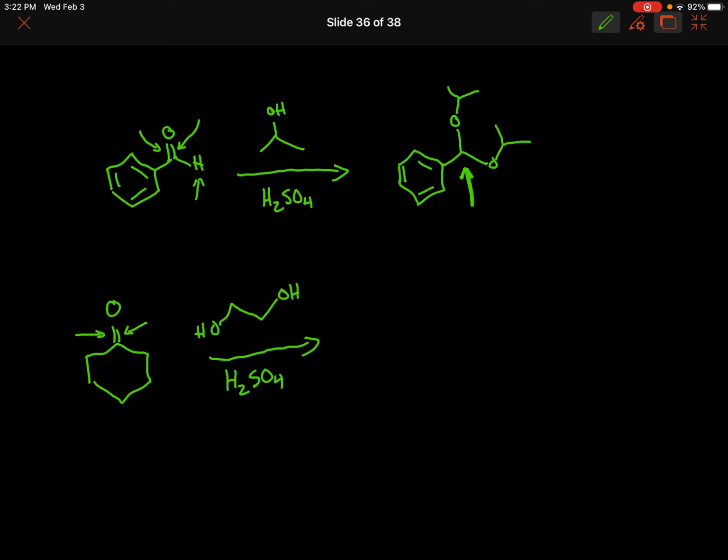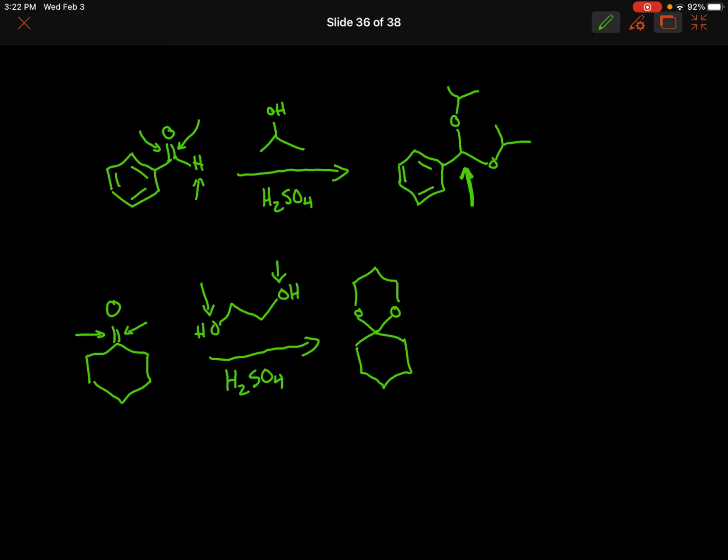And if we replace those two bonds in the carbonyl with bonds to oxygens, we can use both of those oxygens to form new bonds to that carbon. So in the end, our acetal is going to be a cyclic acetal. It's going to look like this.